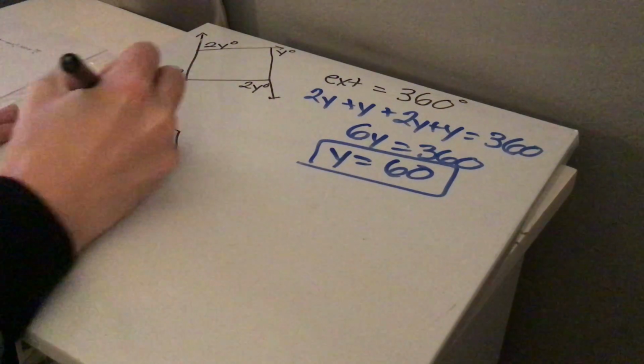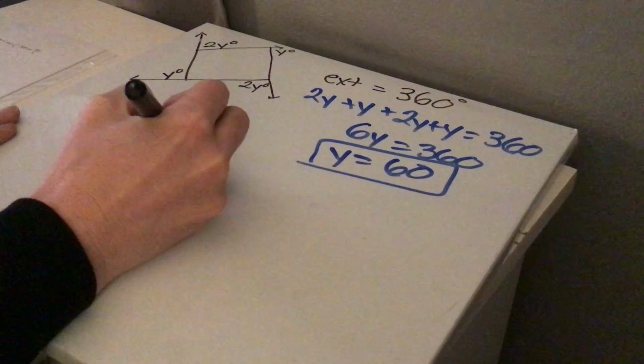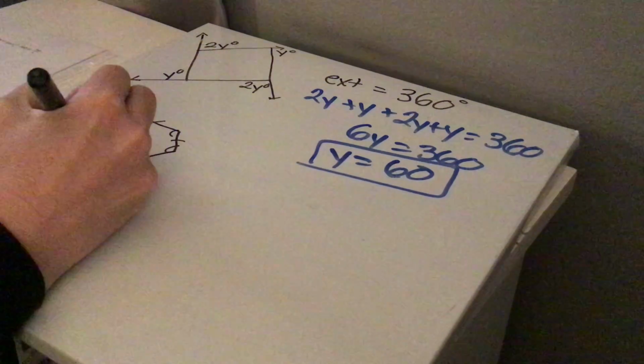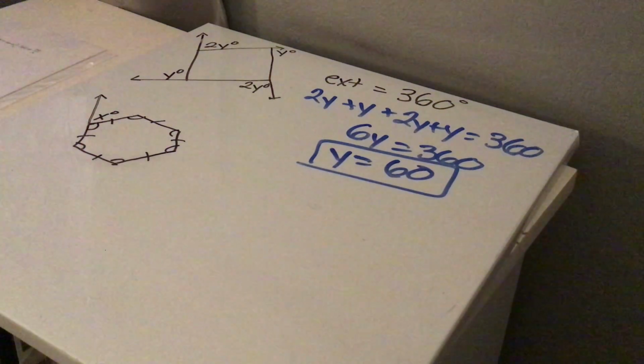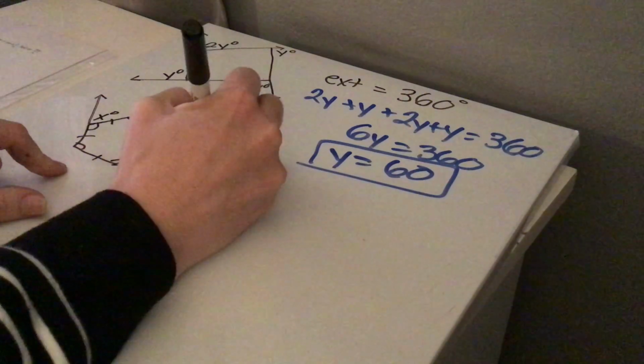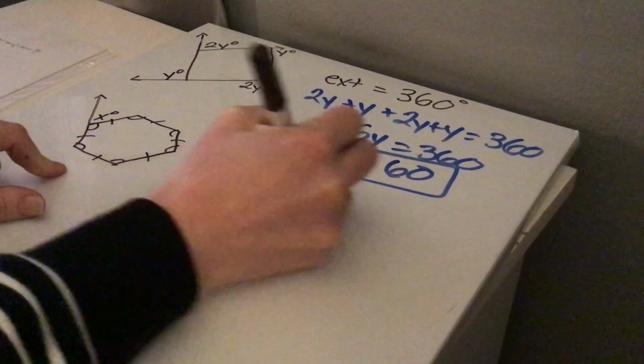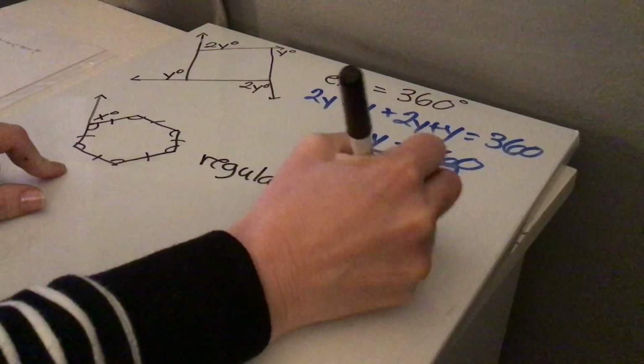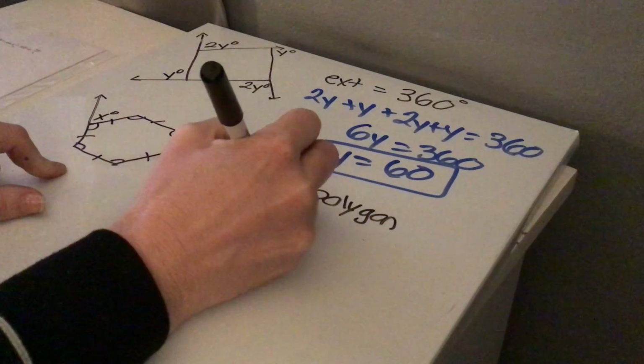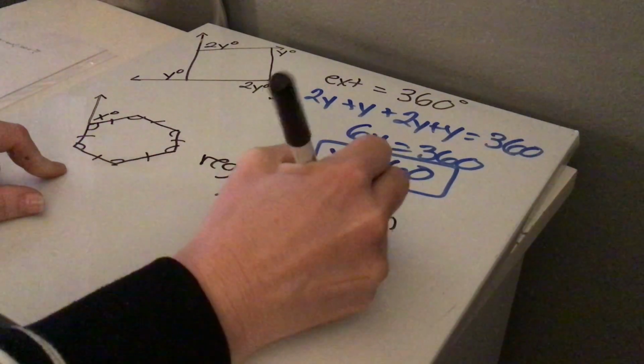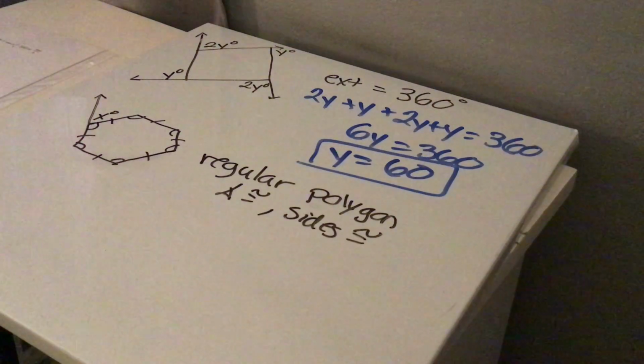But then if I look at this, okay, the markings tell me something about this polygon. Okay, the markings here tell me this is a regular polygon. Angles are congruent, sides are congruent, okay?